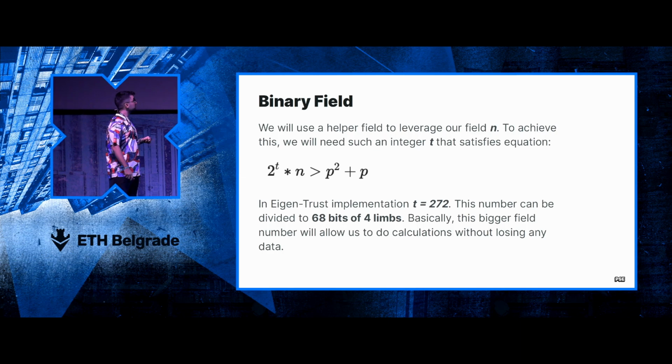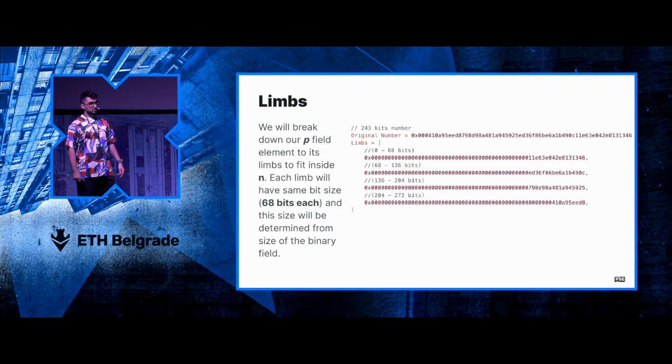We already implemented this in our project, and in our project we use T as 272. This number can be divided into 4 limbs of 68 bits. What are limbs? As I told, we need some method to break down our big number and use this binary field to keep data in each limb, and this way we can fit our numbers inside each limb and don't lose anything.